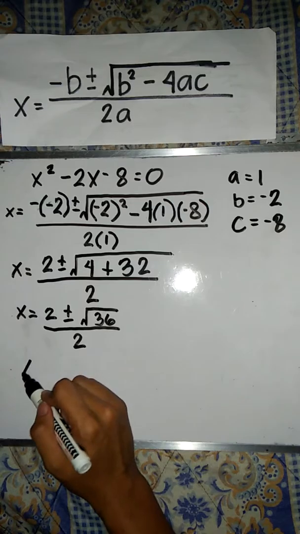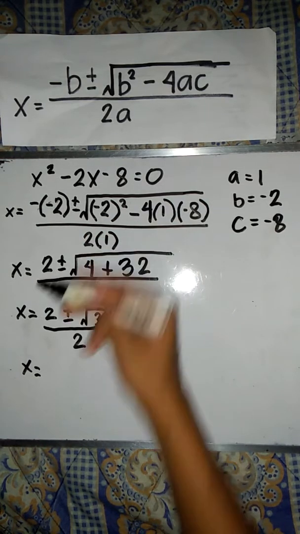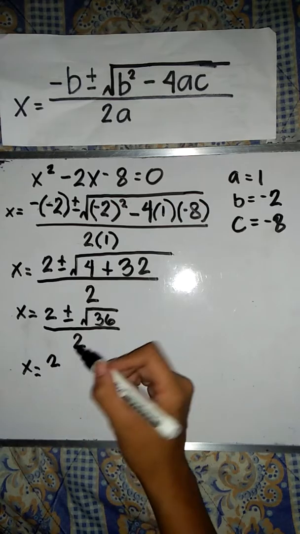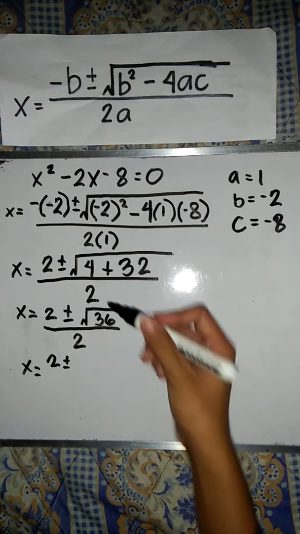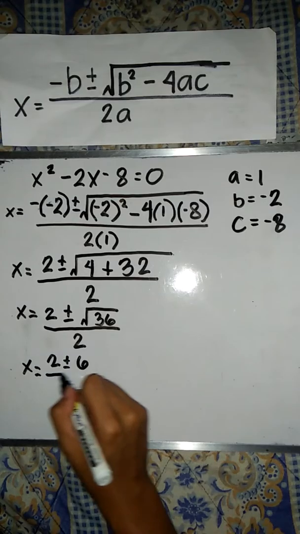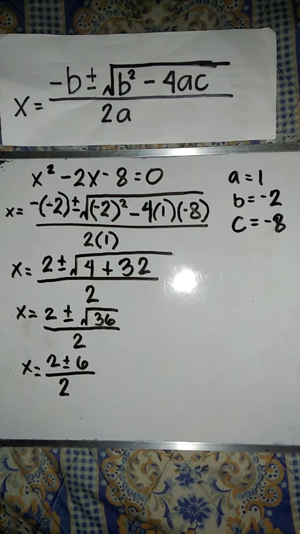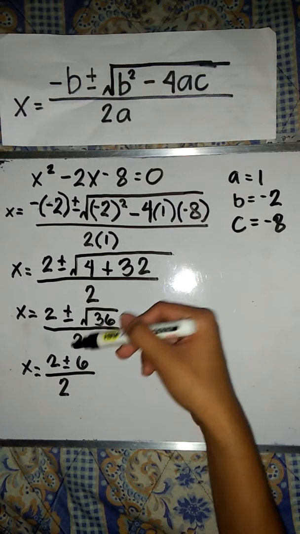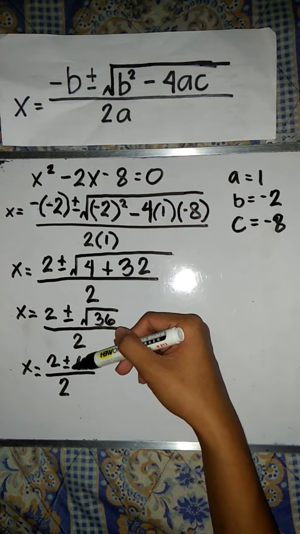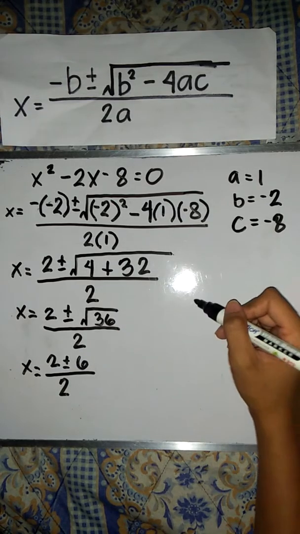So x is equal to 2 plus or minus the square root of 36, which is 6, all over 2. So to get the value of x, we have to perform the two operations here, which are the addition and the subtraction. So we're going to use the addition first.